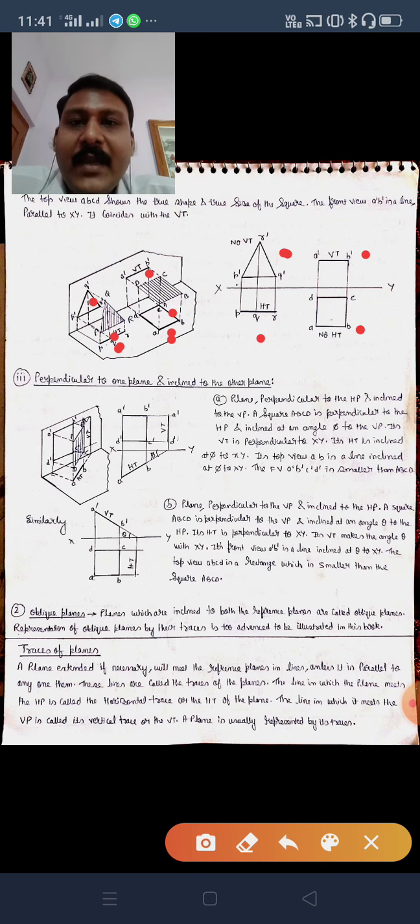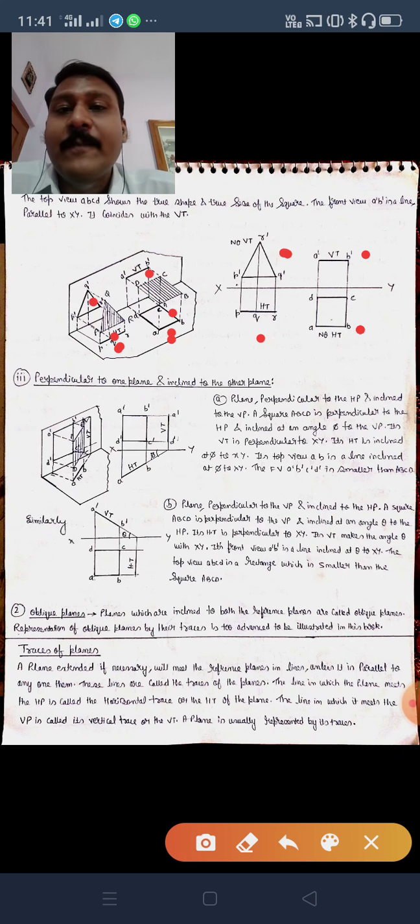Likewise, if anything is inclined, the object will be kept opposite to that. Please keep in mind, for solids there is an axis, but in planes there is no axis. In planes it will be written like plane, or surface. So if in the question it is written that the plane is inclined to HP, or the surface is inclined to HP, or the diagonal is inclined to HP, all these are the same things.